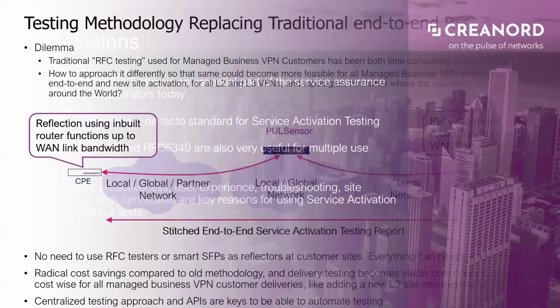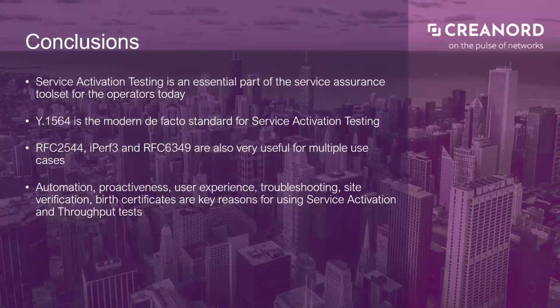All right, so let's conclude. This service activation testing nowadays is starting to become an essential part of the service assurance toolsets that operators are using. We started to see it 2 years ago with Y.1564, and we are seeing a lot of replacement projects more recently. And we see more and more use cases, as they have really great applicability.